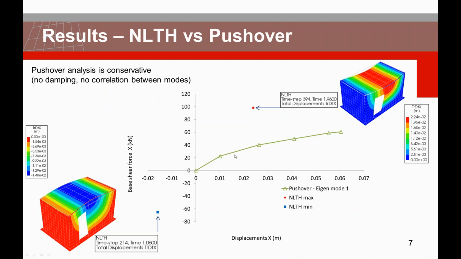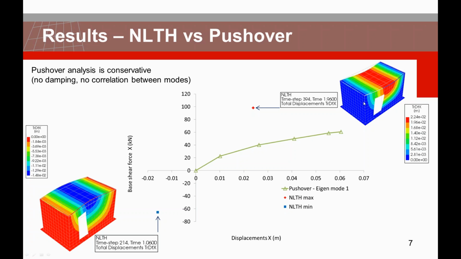So here we have our pushover curve, and these dots, this one is for the maximum of the full nonlinear time history analysis, and this one is for the minimum. And here we have the contour plot and the deformation for the corresponding time. We can see here the drift of the displacement.